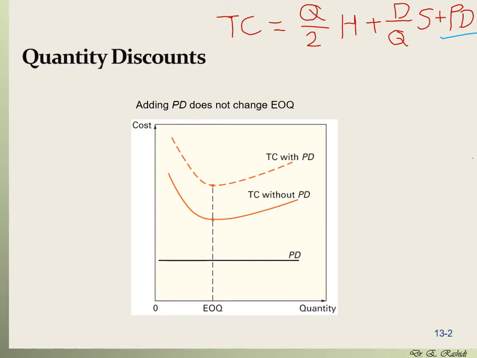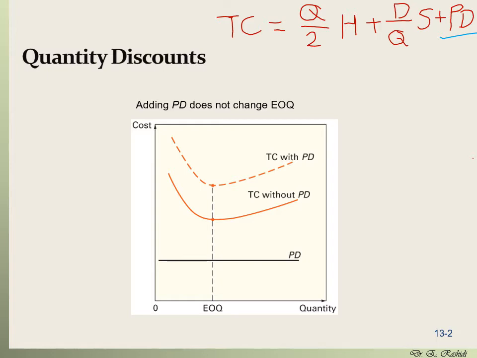But if we actually add the purchase component to the first model, one of the assumptions was that we don't have a discount. That means that the price would be the same no matter how much you actually order. So it's irrelevant of the amount of the order.